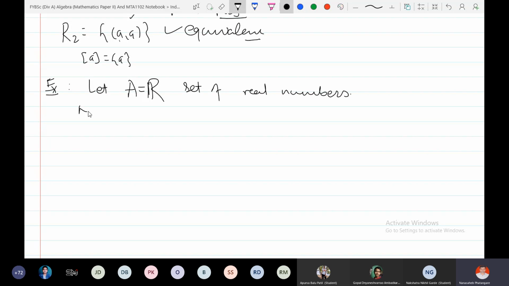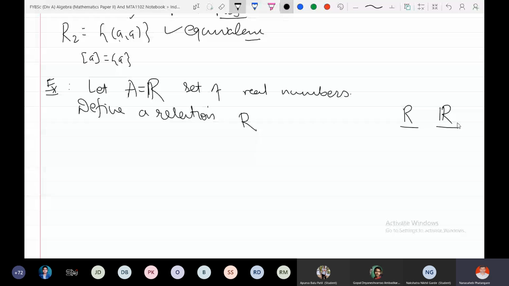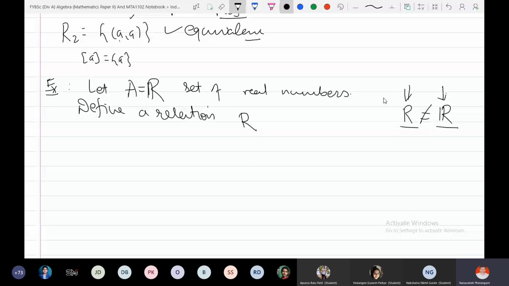Now I am going to define a relation, which I should call R. Now you understand the difference between this R and this R? Do you understand the difference between these two R's? There should not be confusion. This is just our simple R, the relation, and this is the set of real numbers. So these two are not the same R, that you should note.